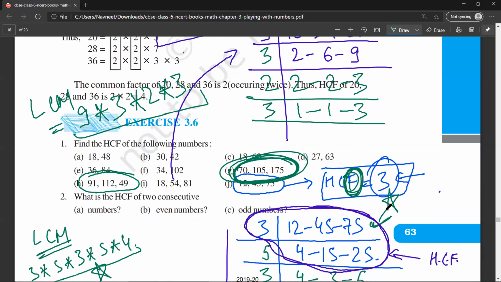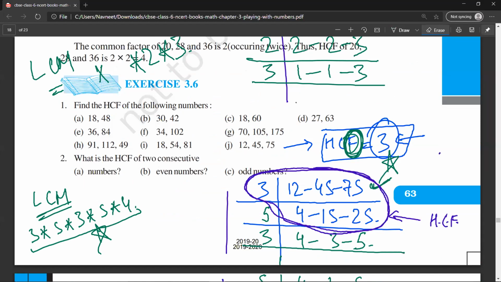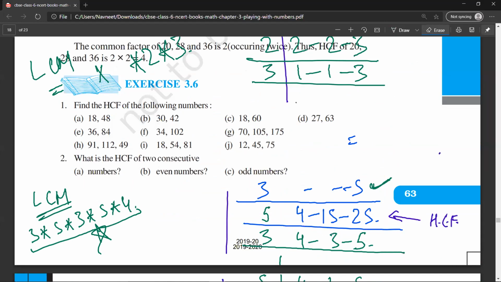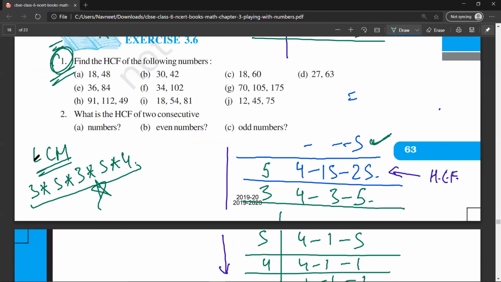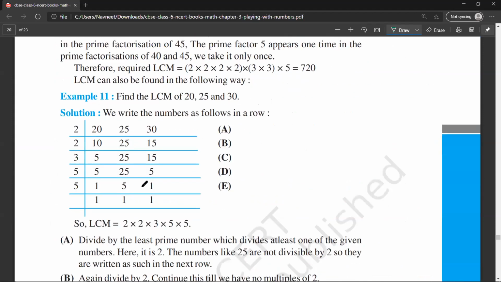So Sarthak, what we'll do is, I'll send you this PDF. I'll send you this document. Can you find the HCF of all these numbers which are mentioned here? Yes, sir.